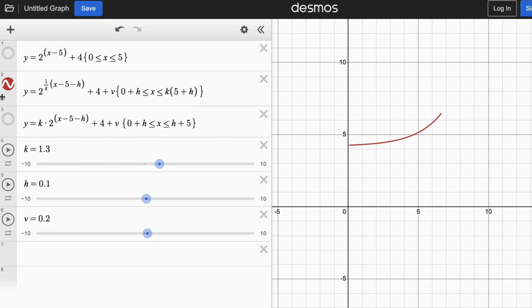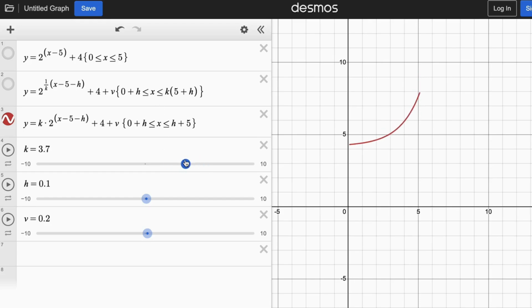And we can also scale it vertically, using this. Over here, I've written k as a coefficient of this thing over here, which is 2 to the power of this. And now when we change k over here, look at how it's just expanding upwards.